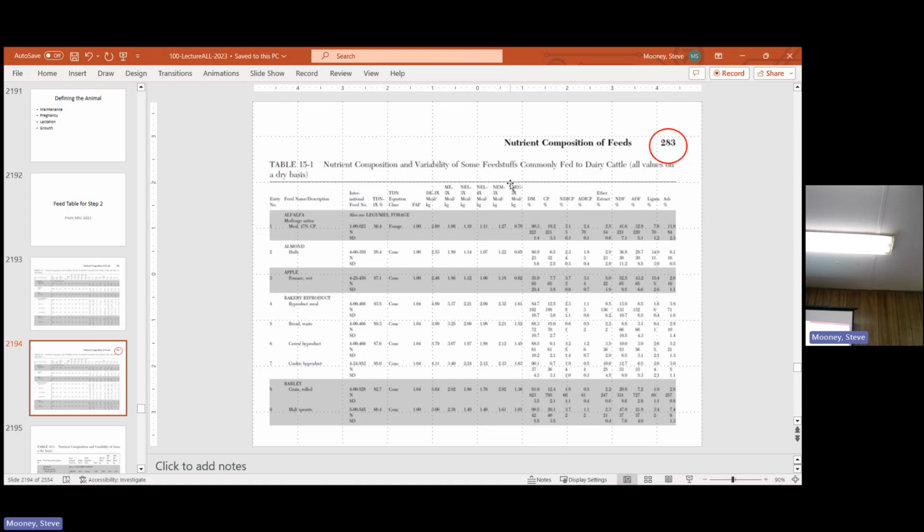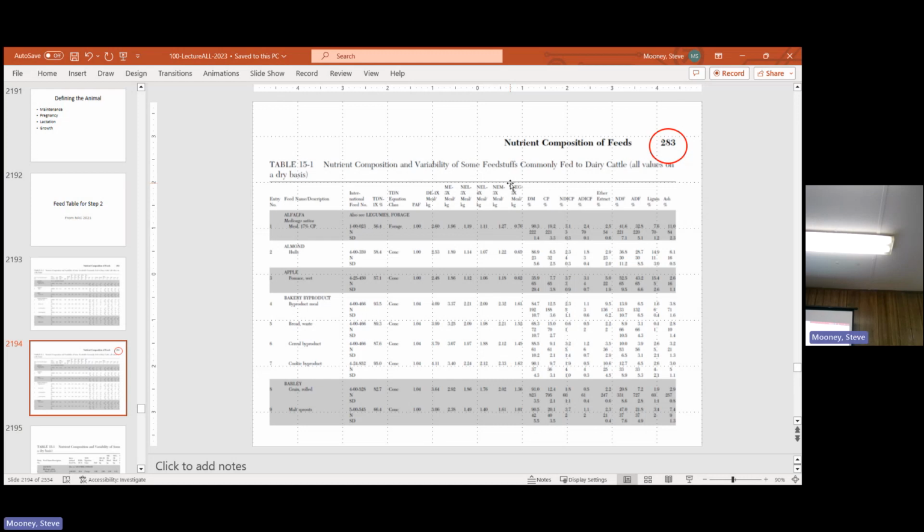So if we take a look here, you've got first page, second, third, up to 289, so 7 pages. There are 121 feeds in this table. We're going to use them to balance rations.